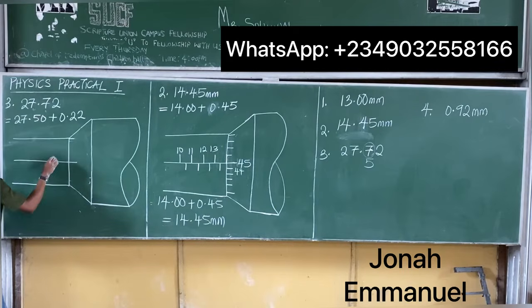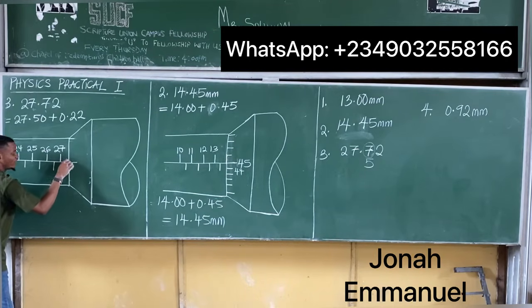27.50. 27. Here. 26. Here. 25. Here. 24. 24.5, 25, 25.5, 26, 26.5, 27, 27.5 will now be here. So it will now be this.